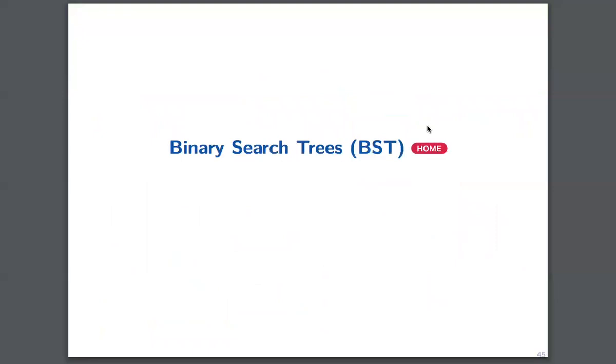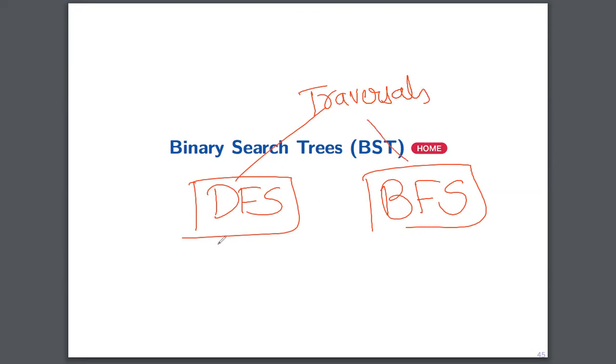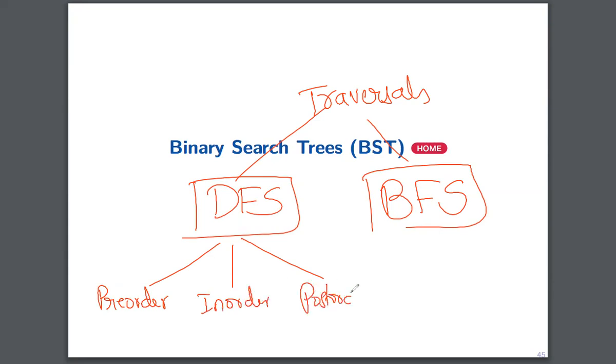So we looked at 2 types of traversals: depth first search and breadth first search. In a tree, DFS comes in 3 varieties: pre-order, in order, post order.